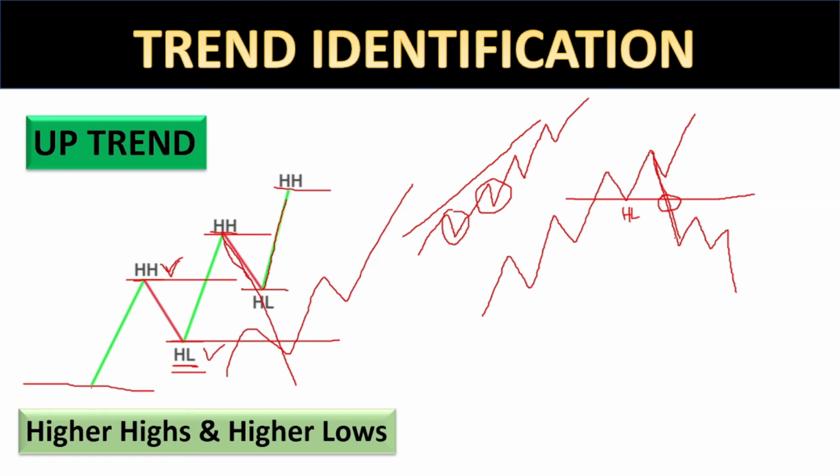Then there is going to be a trend reversal, and we can confirm a downtrend. This is how one can confirm an uptrend by looking at higher highs and higher lows. I hope you understood the identification of an uptrend.